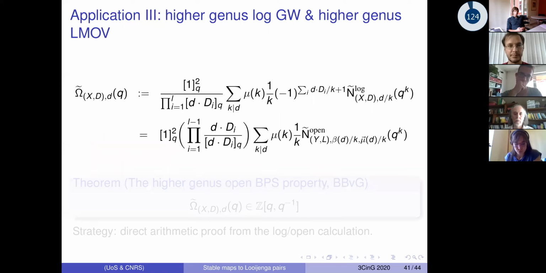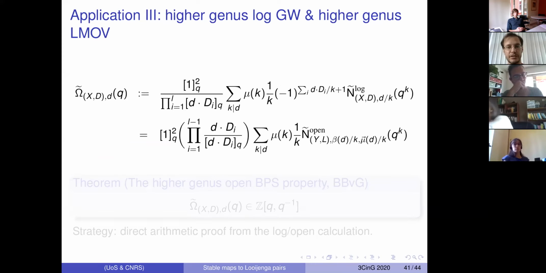As a final application, I just mention in passing that higher genus log Gromov-Witten invariants are computed by, again, Donaldson-Thomas invariants of a quiver, by considering their motivic refinement. This is neither true nor expected to be true in our setting, but it still makes sense to construct BPS generating functions from these invariants, either from the log side or the open side.